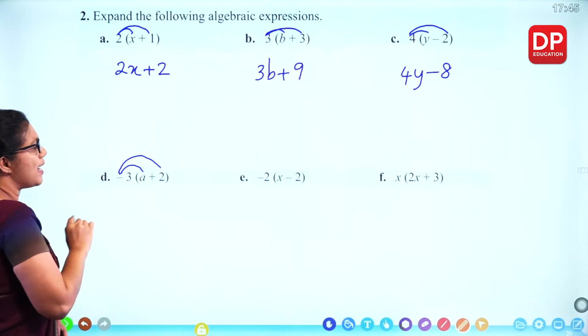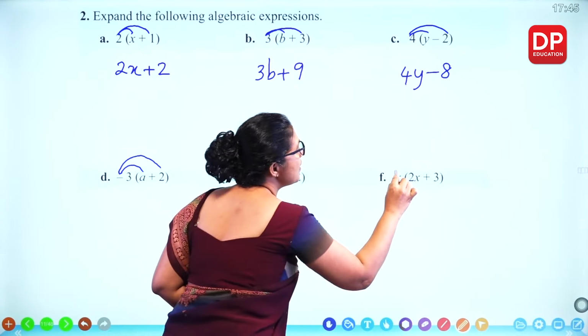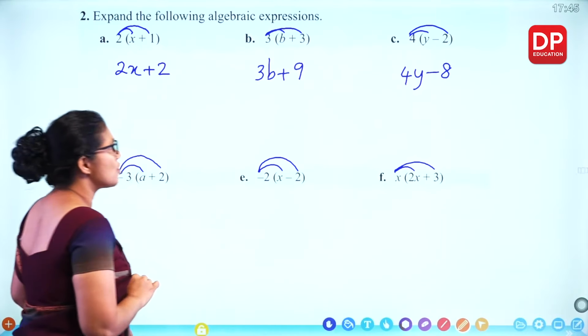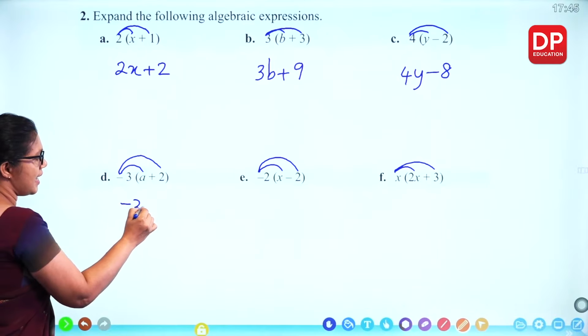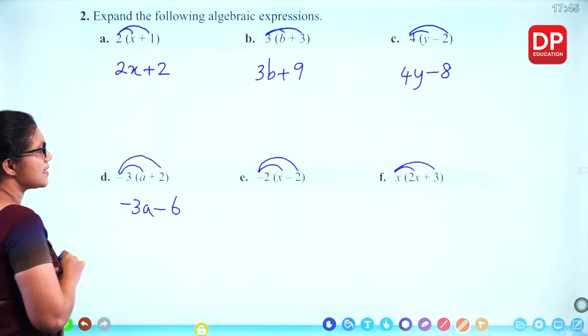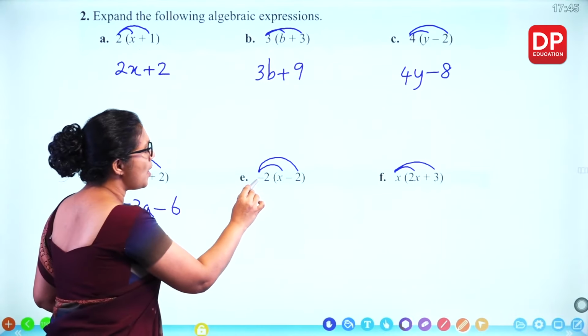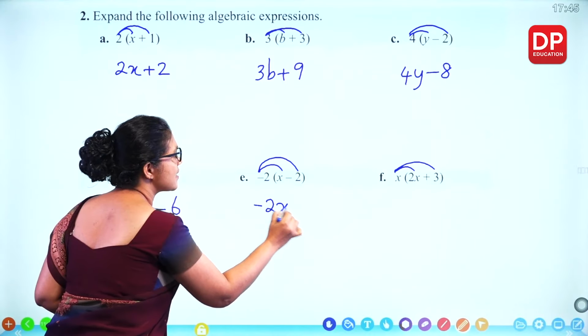Still the same. You multiply the outside number with the inside values. So what do you get? Minus 3 times a, minus 3a. Minus 3 times plus 2, minus 6. In this one, minus 2x into x, minus 2x squared.